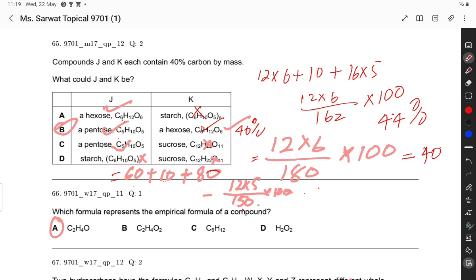So this is also equal to 40%. That's why the B option is correct. You can verify and check the other options like this: C6H10O5, C6H12O6, and C5H10O5. These two, pentose and hexose, contain 40% carbon by mass.